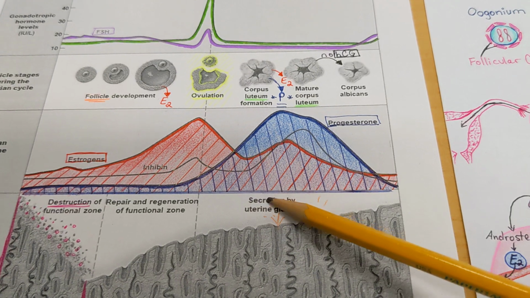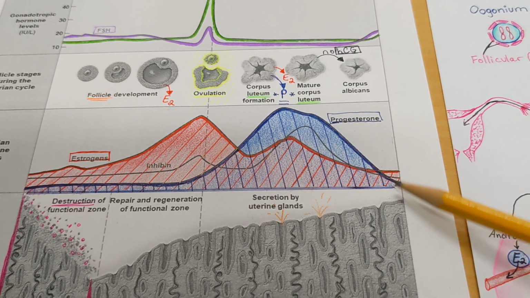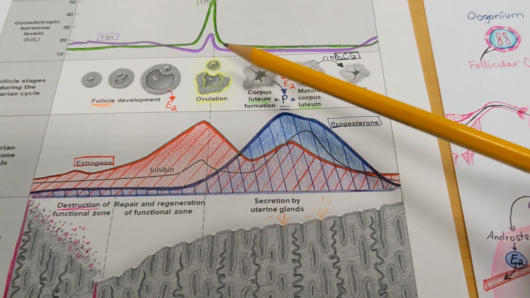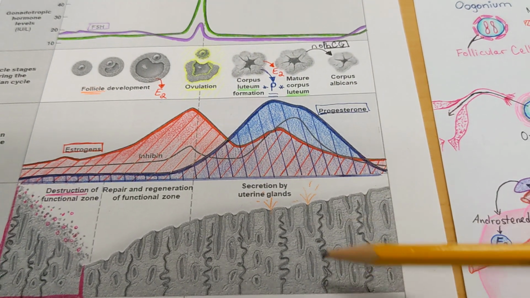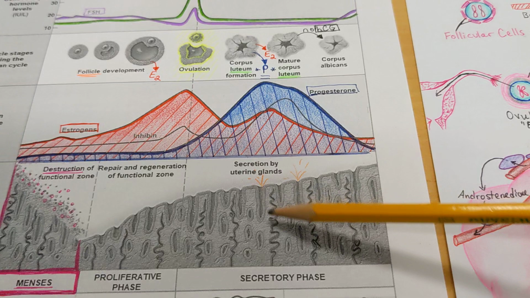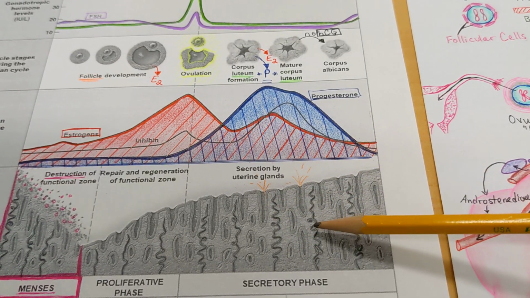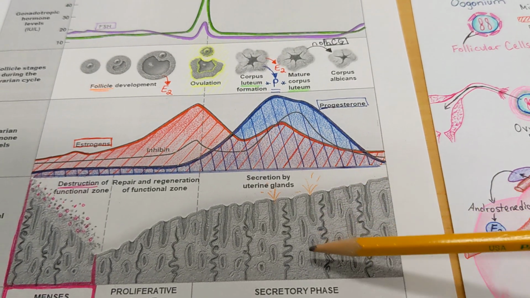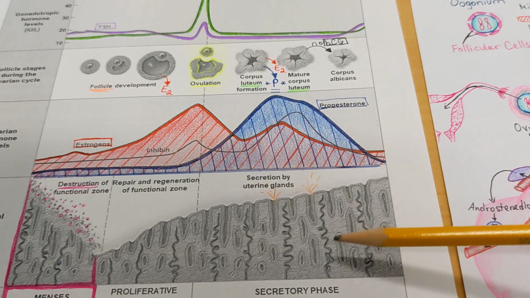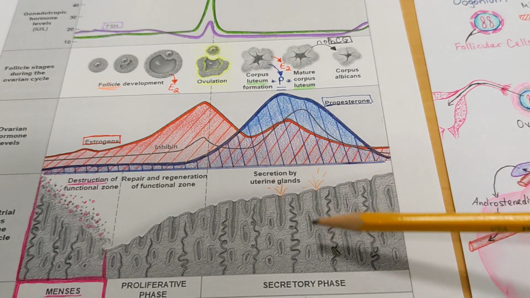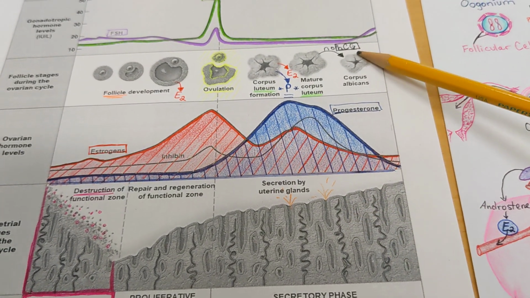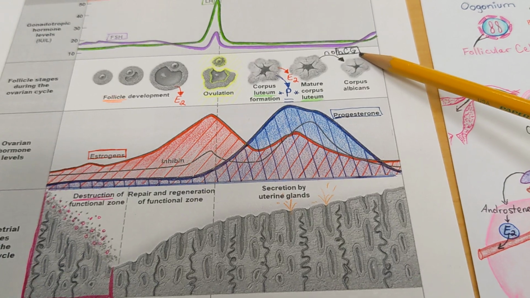As time progresses towards the end of this cycle, the egg, right, the secondary oocyte, if it has been fertilized, once again, can implant within the uterine lining, the endometrium. If that is the case, the chorion, or what will become the chorion of this developing offspring, is going to release something called HCG, human chorionic gonadotropin.